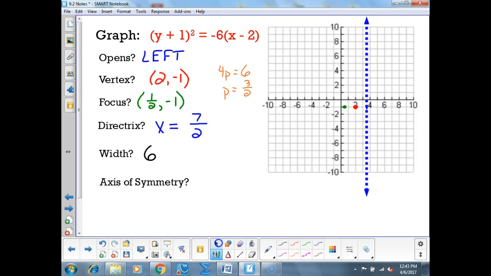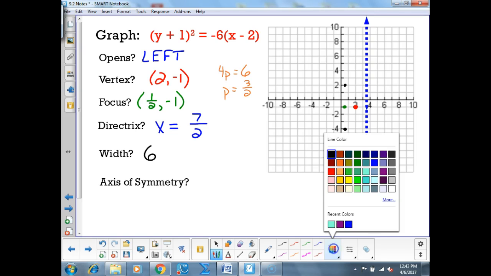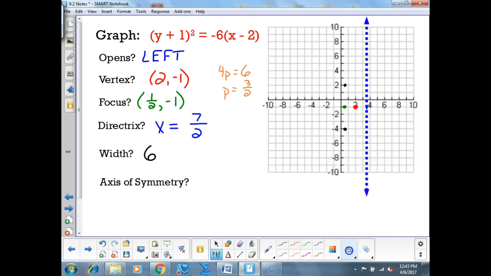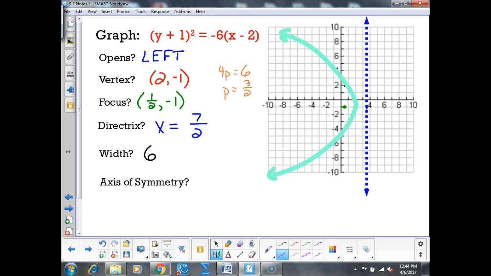Which means I'm going to go up 3 and down 3. Axis of symmetry is next, which is y equals -1.